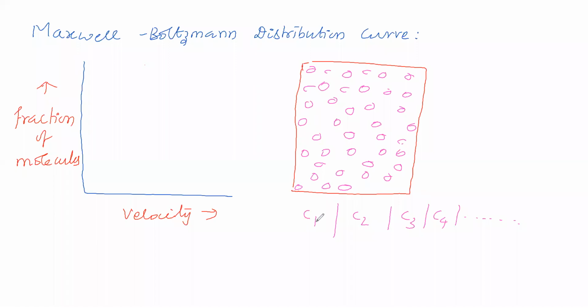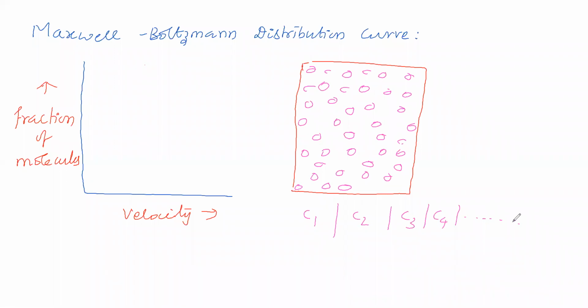Gaseous molecules undergo collisions. Due to collision, velocity of gaseous molecules change. Therefore, many velocities possible.